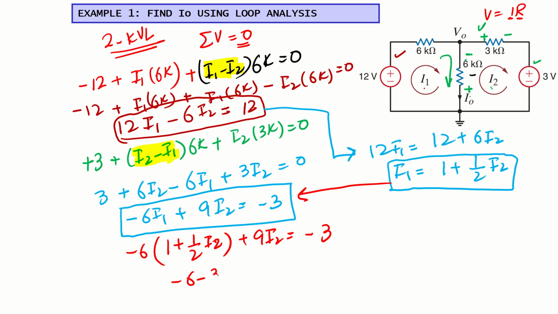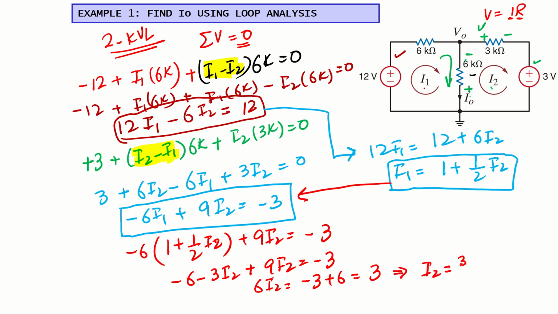Okay, so that will be minus 3 times of I2 plus 9 times I2 minus 3. So 9 plus minus 3, that will be 6 times of I2 minus 3, and this 3 will go to the other side, it will become plus 3, or basically minus 3 plus 6 is 3. So it means I can say that I2 value will be 3 divided by 6, which is basically simply 1 over 2 milliampere.